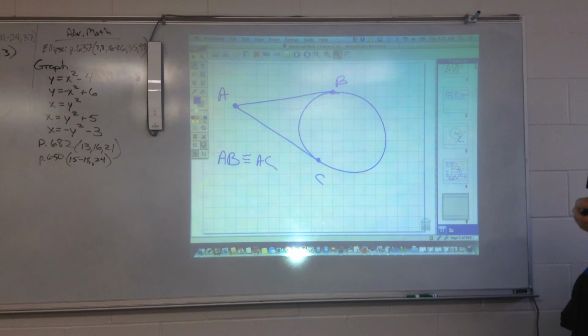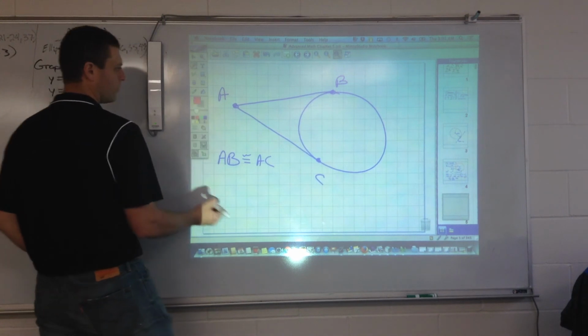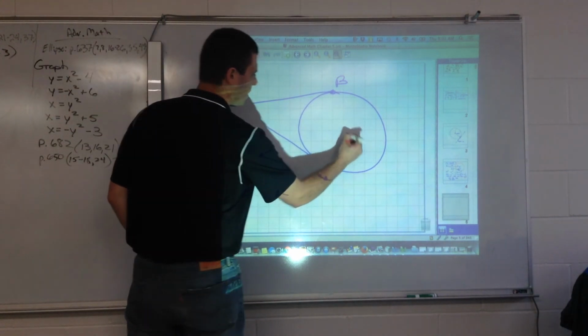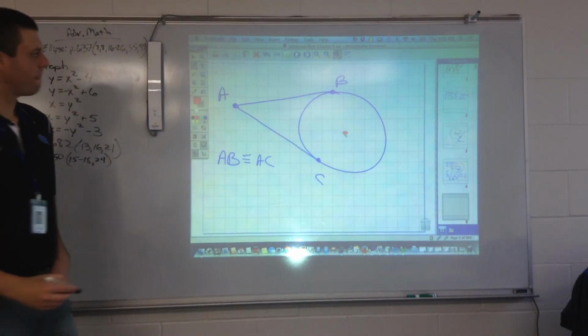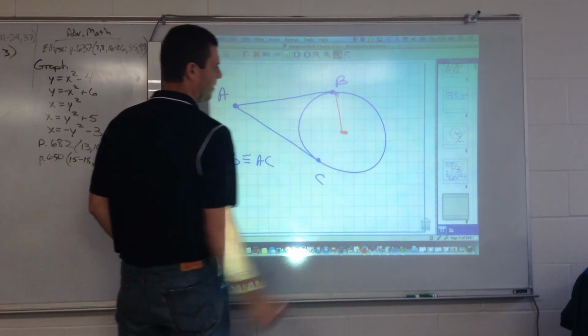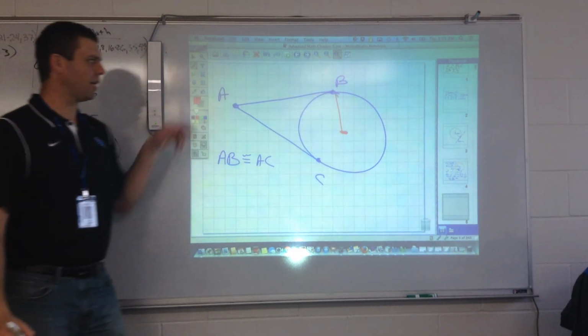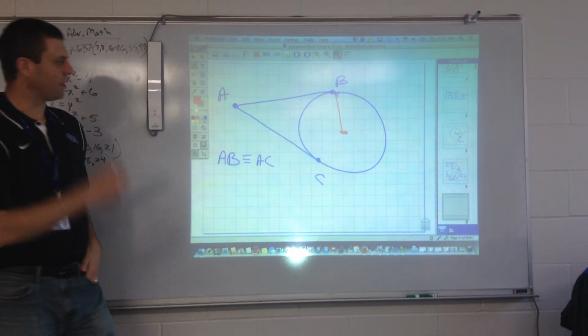Okay. And then actually, to go a step further with this, I don't know if it'll show up in any of your homework, but it kind of makes some sense. That's a radius, right? What do we know about the radius and a tangent? That makes a 90.